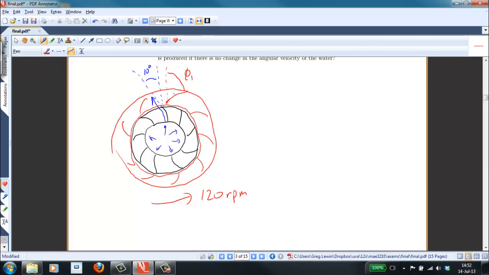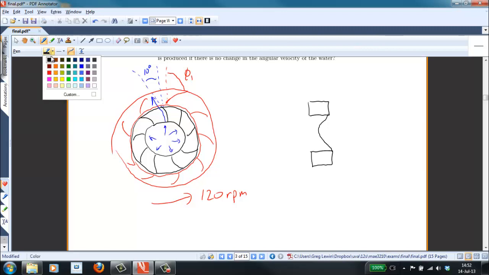Now if we look at this rotor-stator combination in profile, we'll see something that looks like this. We'll see the stator blades like this. And there's some little doohickey there that helps make the flow flow evenly into the stator.